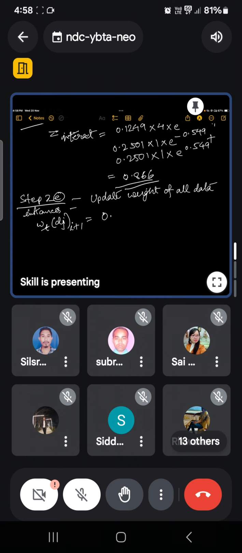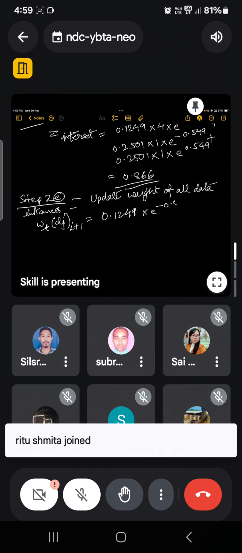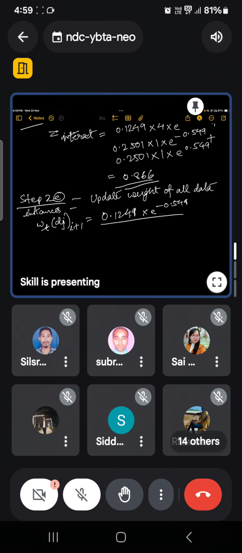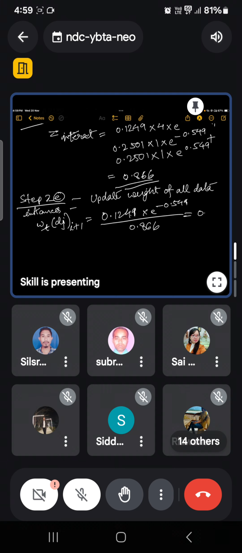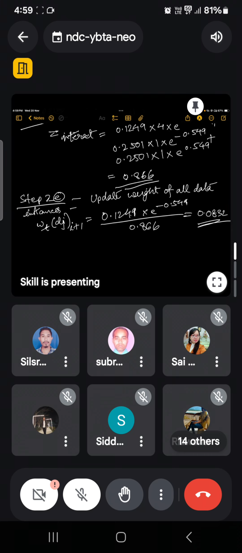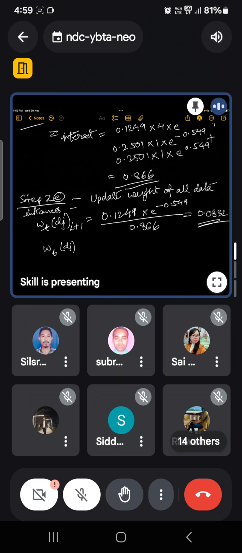This is for a correct instance. And this is with the weight of 0.2501.